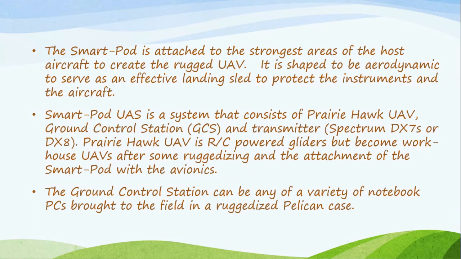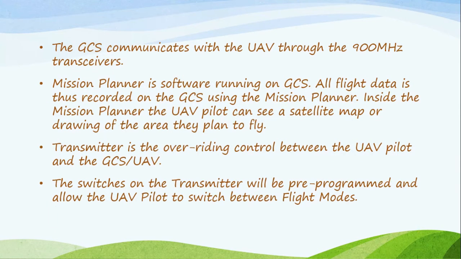The ground control station can be any of a variety of notebook PCs brought to the field in a ruggedized Pelican case. The GCS communicates with the UAV through the 900 MHz transceiver.